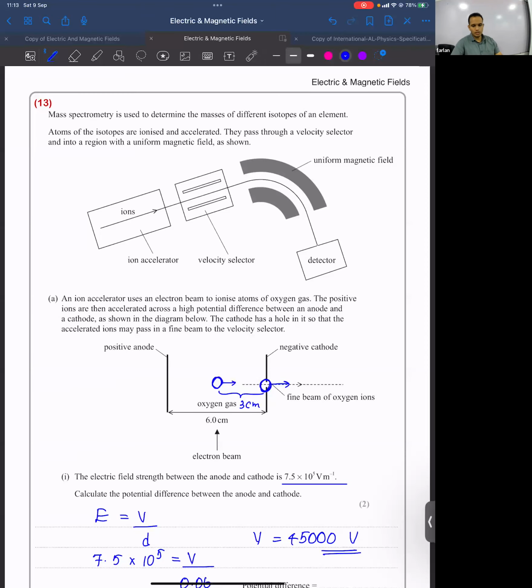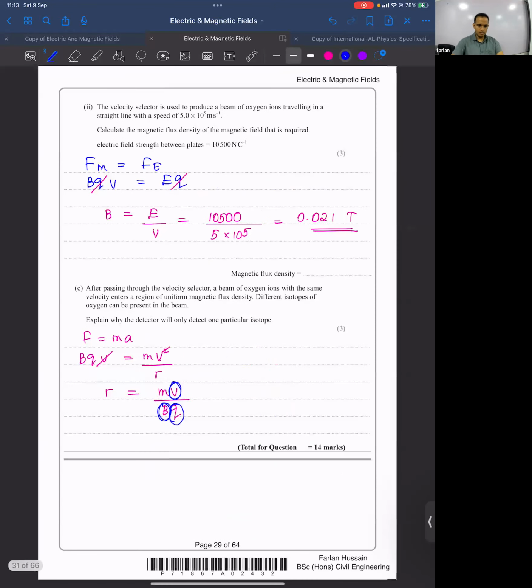Understood? So your explanation has to show this equation and then mention the conclusion. The radius depends on the mass, speed, B and Q. Speed, B and Q are equal, but mass is different.